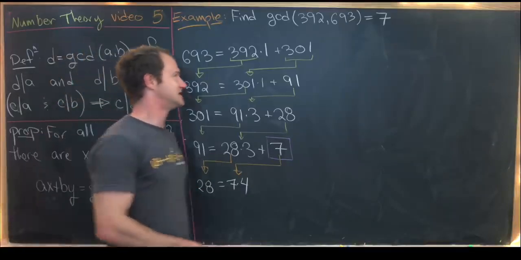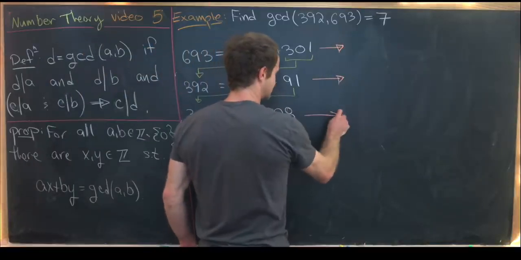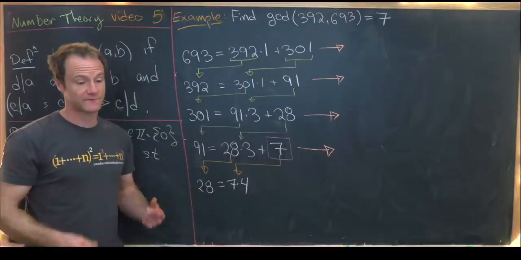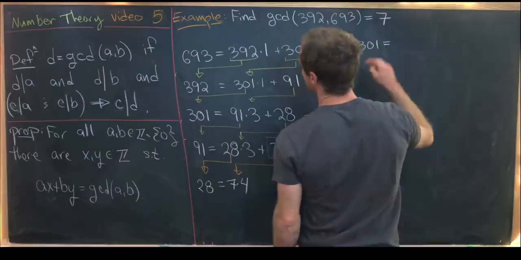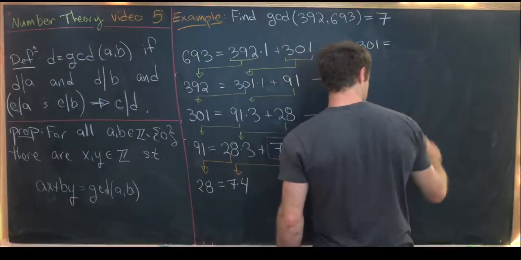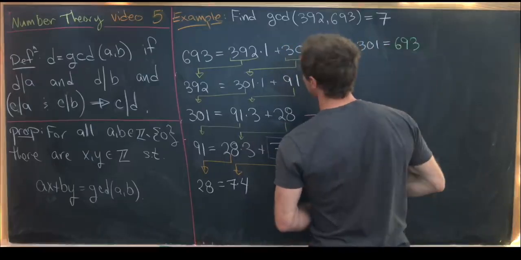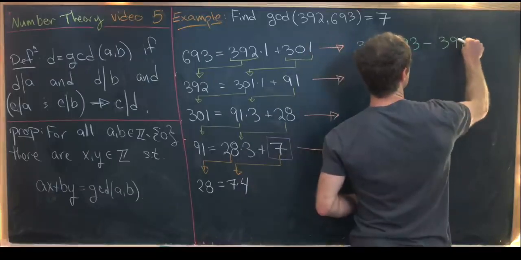So we start by taking each of these equations and inverting them in a sense. So let's do that. We want to solve for the remainder. So here we have 301 is equal to 693. I'm going to write that in green, minus 392 times 1.